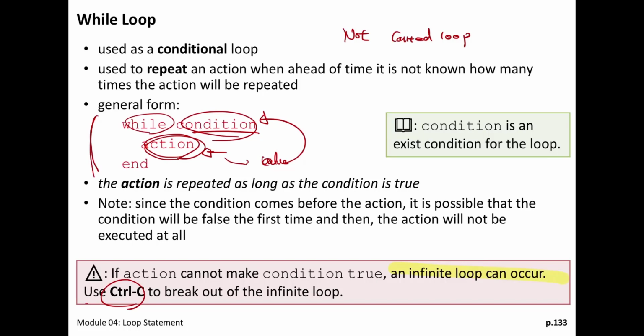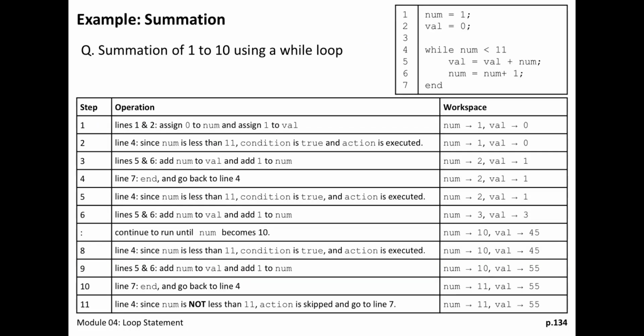So we can sum a range of values using the while loop. For example, let's sum 1 to 10 using a while loop. val is a variable where we can assign the summation value. So what is the condition?